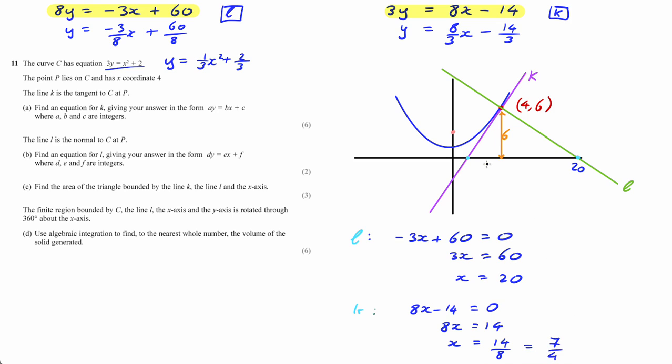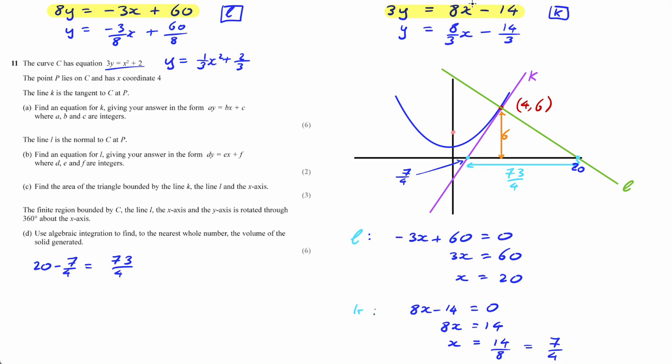So that distance here, from here to here, is going to be 20 minus 7 over 4. That's 80 over 4 minus 7 over 4, which is 73 over 4. So that base here is 73 over 4.